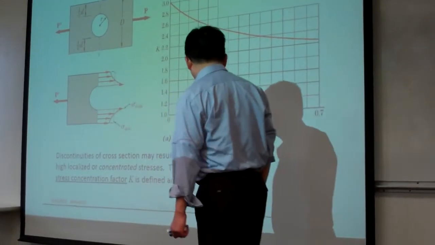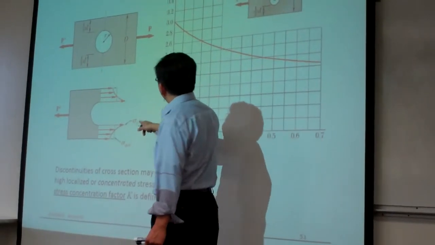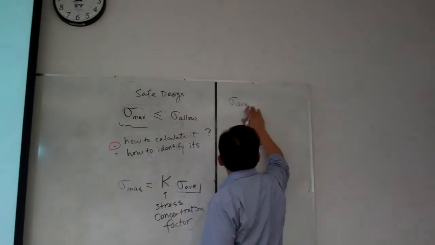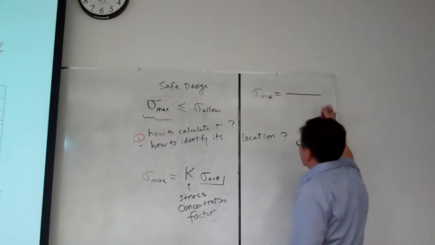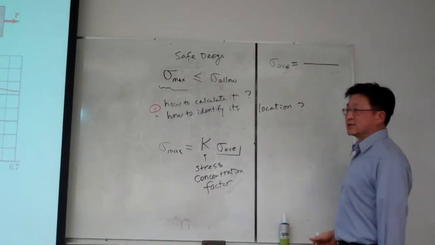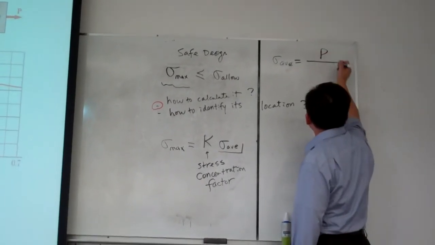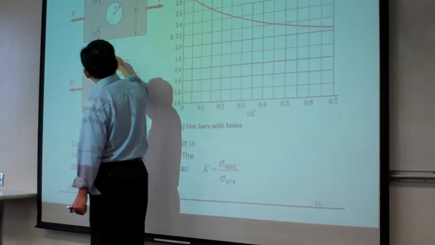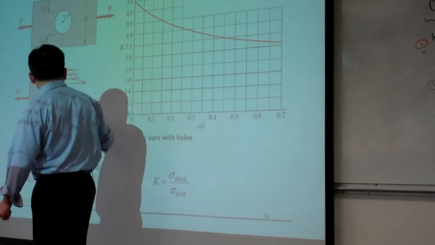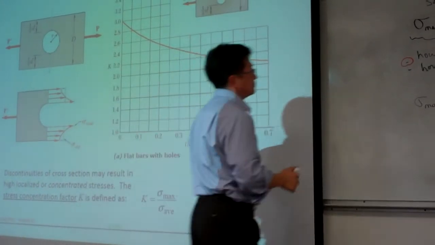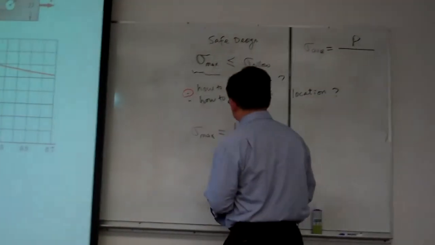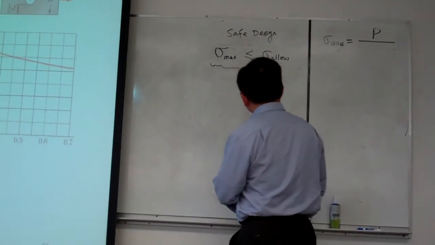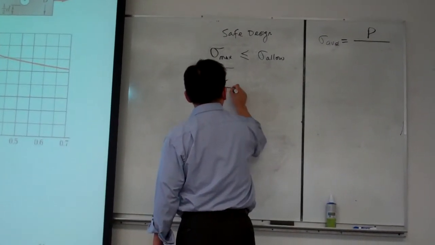So for these examples, the sigma average will be equal to, again, don't ask me why, I simply follow the experimental protocols, P divided by the smallest cross section, and that will be equal to how much? Let me put it into 3D. How about that?